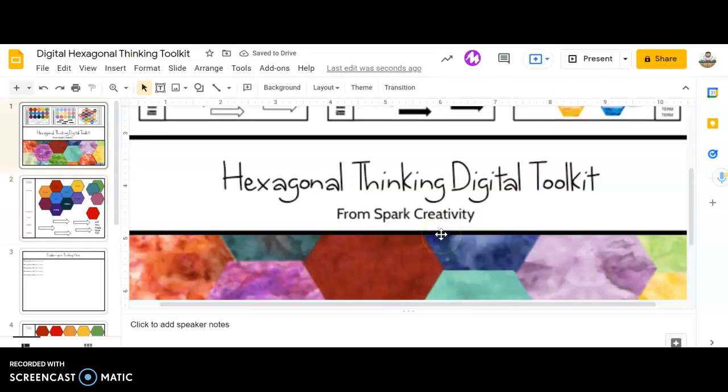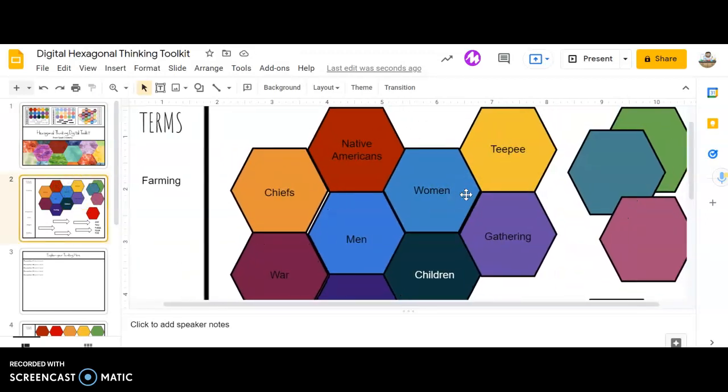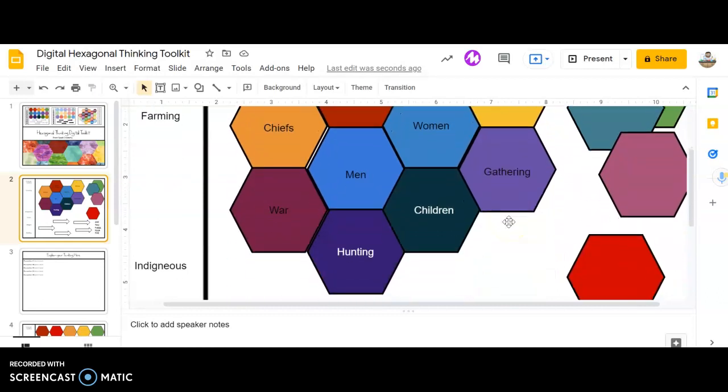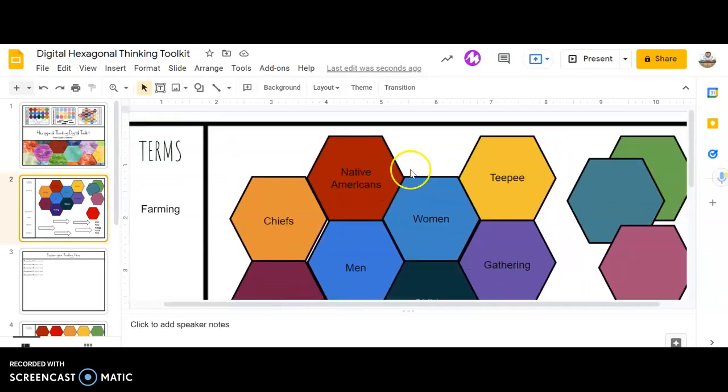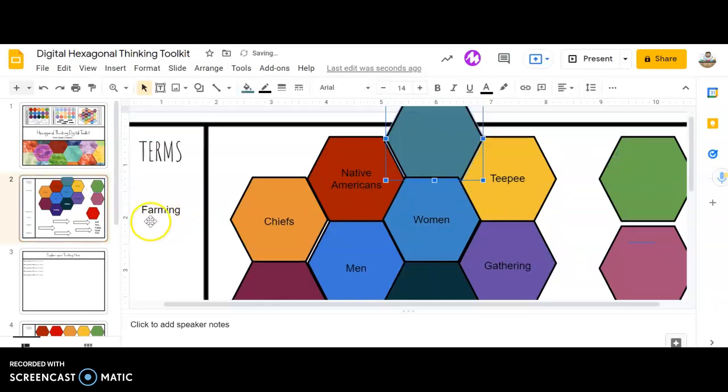And you notice how I'm starting to, whoa, I kind of moved a little too fast on myself there. Notice how I've got everything connecting and starting to get together, right? I could probably put farming up here because that's something that Native Americans did. I might be out of the box a little bit, but that's okay. Again, I'm not going to take off for that on you at all because I see that you've connected here.